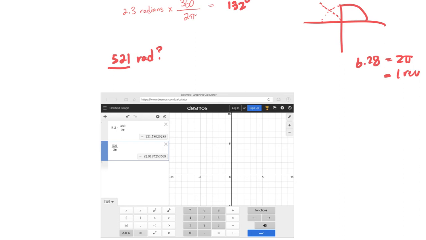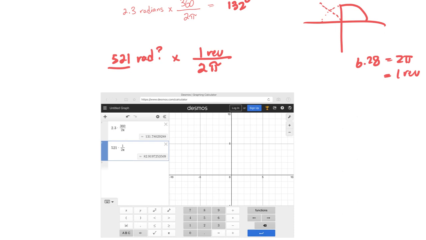Actually, let me do it a different way. I'm going to do it the same way as I did before. So times by, but instead of converting it to degrees, I'm going to convert it to revolutions. So one revolution per 2 pi. Okay, so 521 times 1 divided by 2 pi.